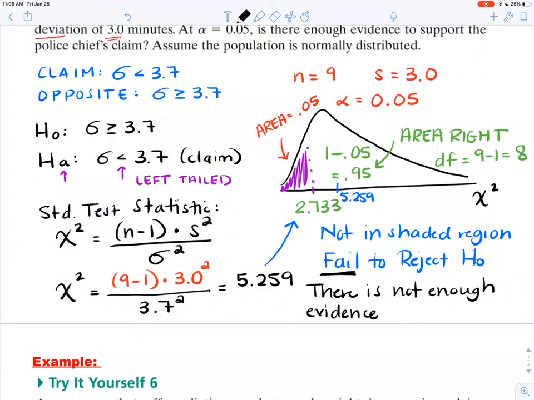Now, because in this test my claim was not in the null hypothesis, it was in the alternative hypothesis, and when the claim is in the alternative hypothesis, the test is not looking to reject the claim. It's actually looking to support the claim. Again, anytime your claim is in the null, the test is looking to reject. Anytime your claim is in the alternative, the test is looking to support, because that, of course, would be the opposite of what's in the null.